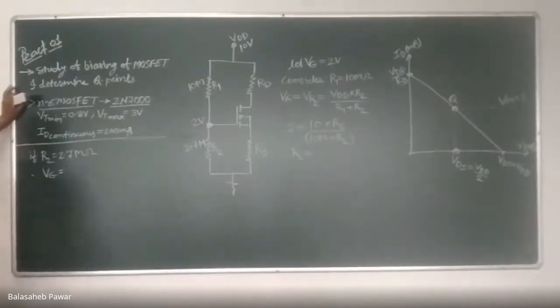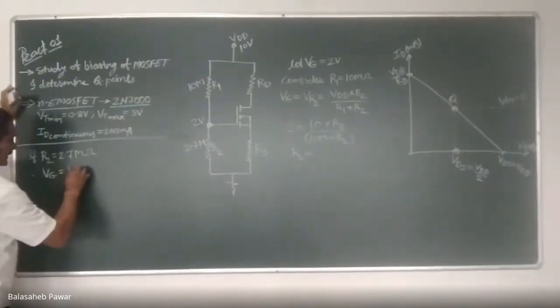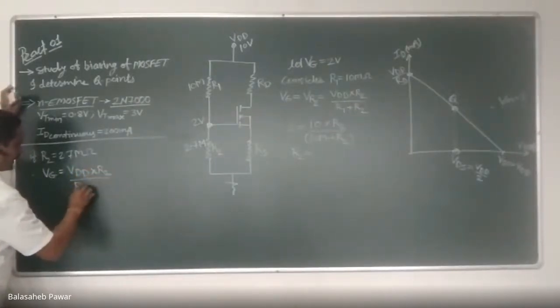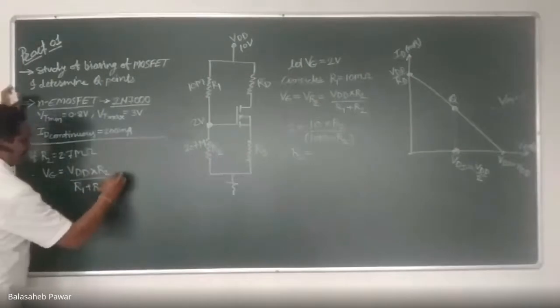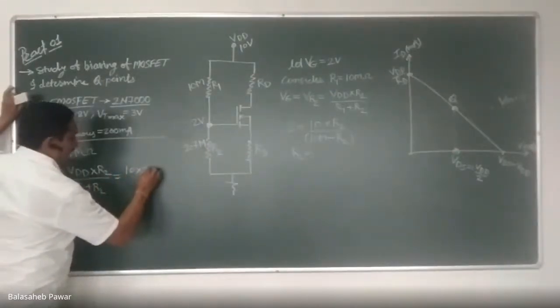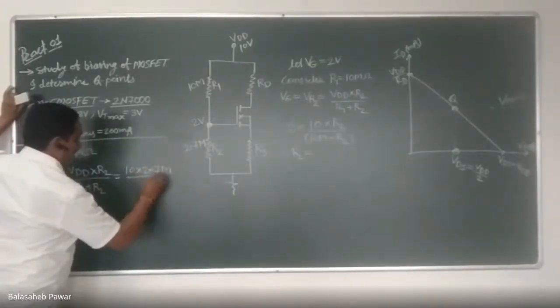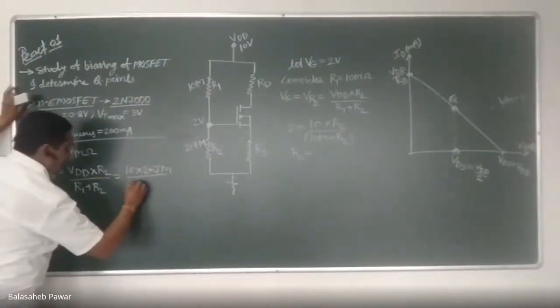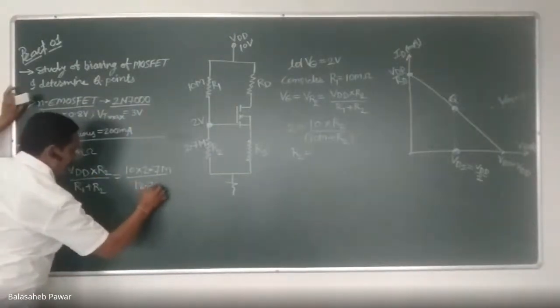Find it out. VG equals, again the same calculation, VDD into R2 divided by R1 plus R2, that equals 10 volts into R2, which we want to use as 2.7 mega, divided by 10 plus 2.7 mega, that is 12.7 mega ohm.